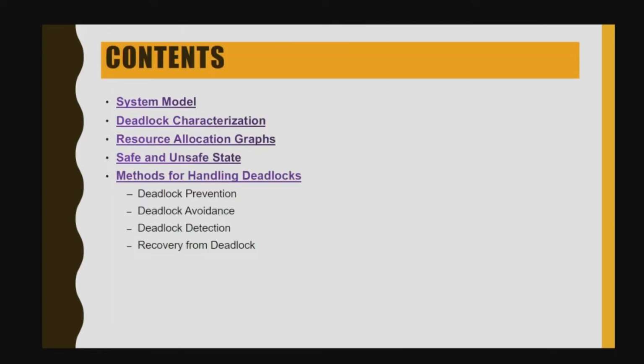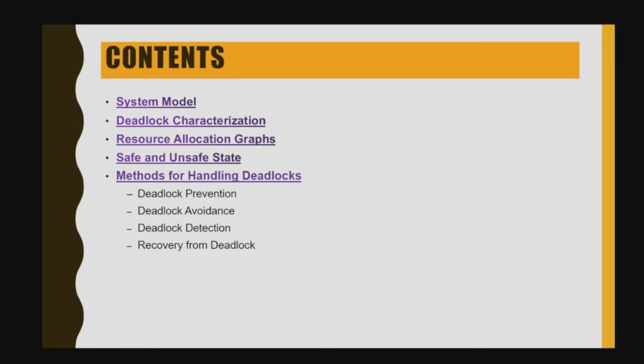So the content for chapter 7, we will learn about the system model, the deadlock characterization, the resource allocation graph, okay, how to illustrate the process and the resources, and then safe and unsafe state, which we refer to the deadlock. For the safe state and unsafe state, the possible state in which a deadlock can occur, and then the methods for handling deadlock.